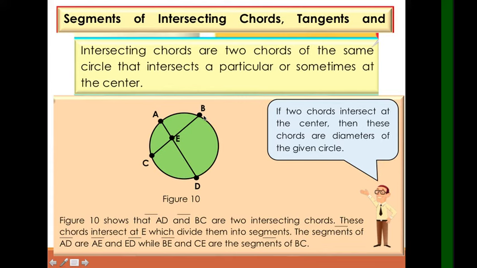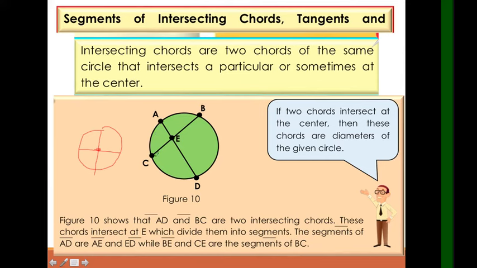If two chords intersect at the center, these chords are diameters of a circle. Tama naman. Kapag yung dalawang chord ay nasa center naman, halimbawa, this is the center of the circle. Dito tumama yung dalawang chord. Okay, dito sila nag-intersect. Therefore, yung dalawang chord na yun ay diameters ng ating circle.